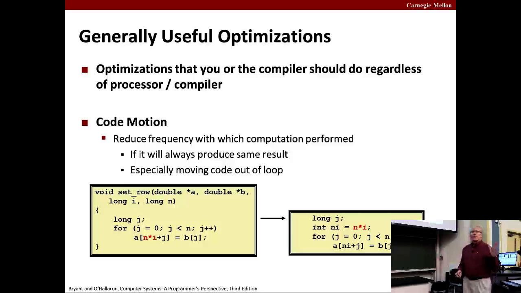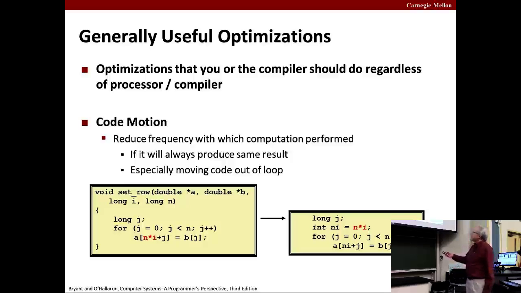Remember, it's just the number of columns times the row number plus the column number. So this would be pretty typical code. If you wanted to set one row in array A to the values in a one-dimensional row B, this is the code you'd write.